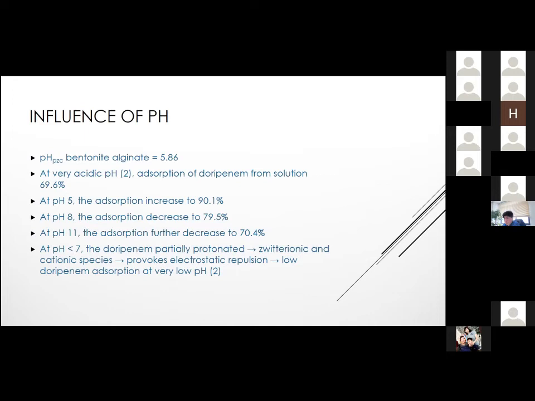So at acidic pH, there may be electrostatic repulsion because of the same positive charge. So if we increase the pH, we can make the charge opposite. So we can improve the absorption of the doripenem into the bentonite alginate composite.